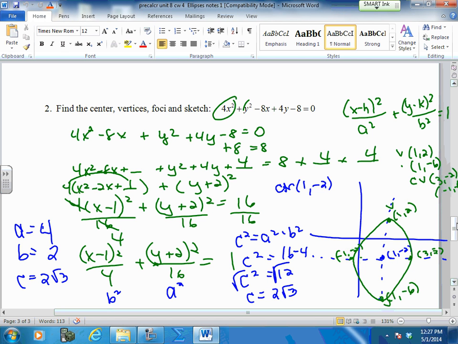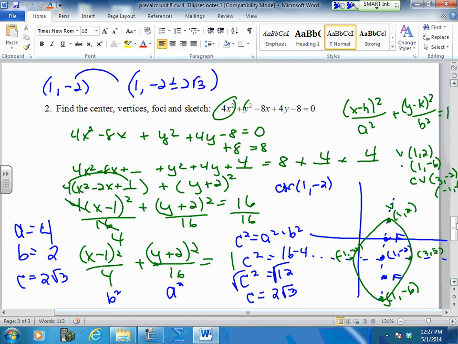Before, we added and subtracted 3. But we can't really add and subtract a radical. So all you have to do is this. Figure out what you're doing: am I going to change the y or the x to go up and down? The y. So I'm going to take my center and add and subtract 2 radical 3.